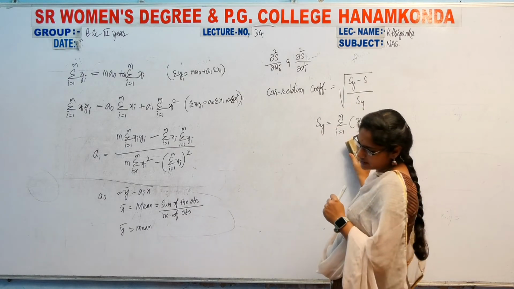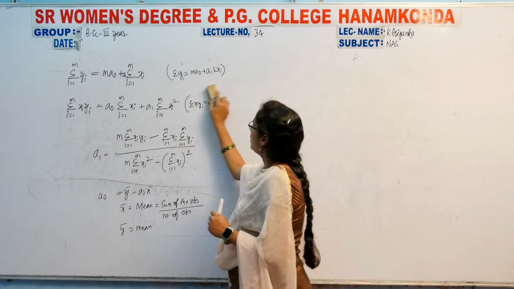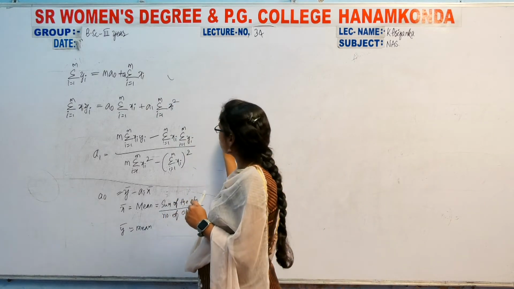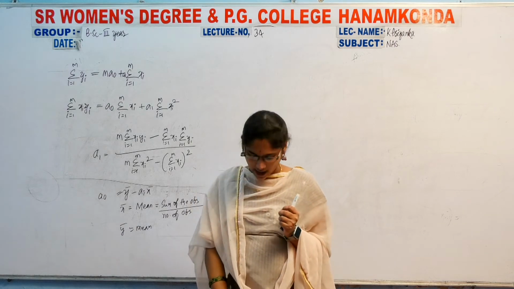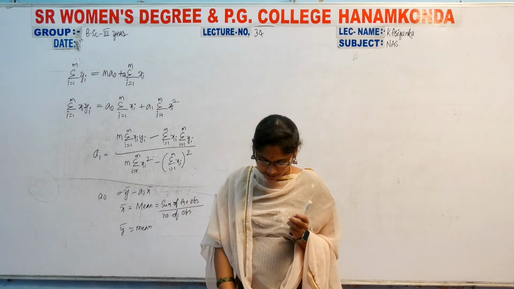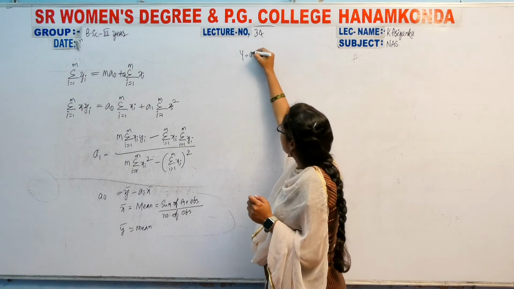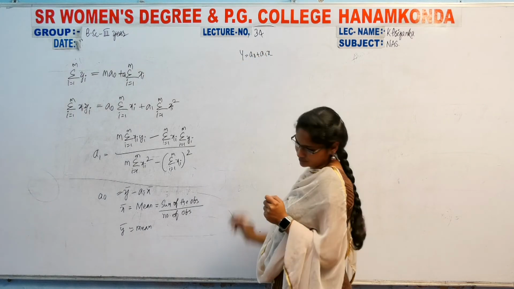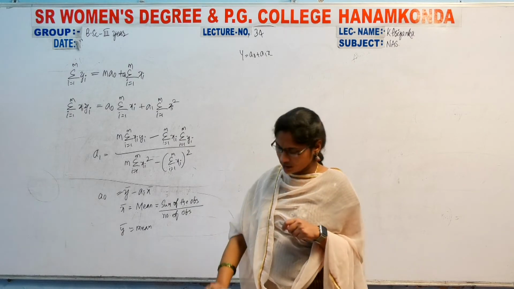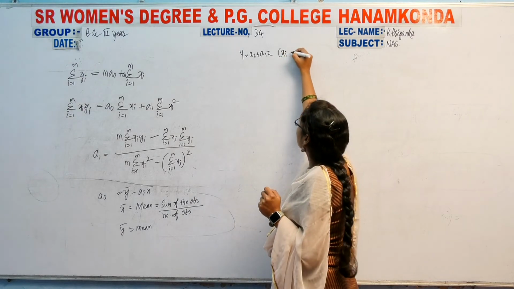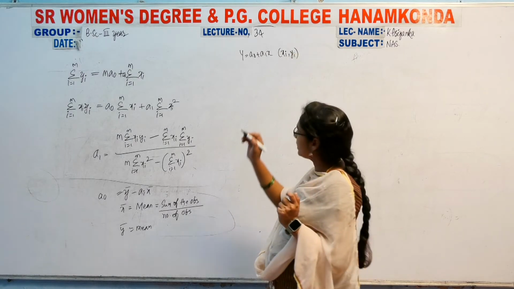Now write down one question. Find the best values of a naught and a1 if the straight line y equal to a naught plus a1 x is fitted to the data xi, yi, and they gave the values.